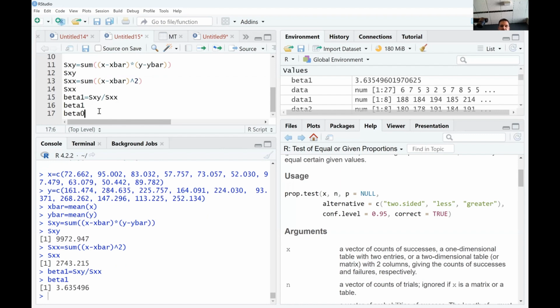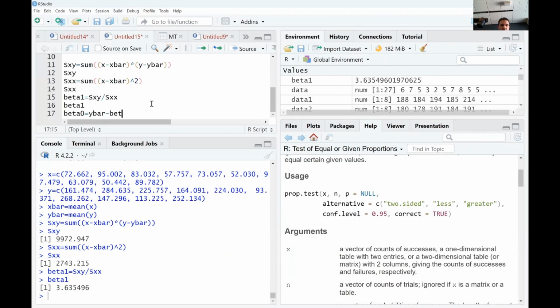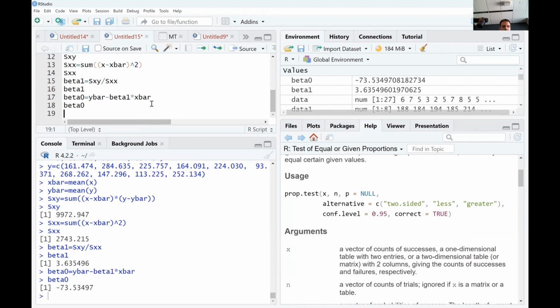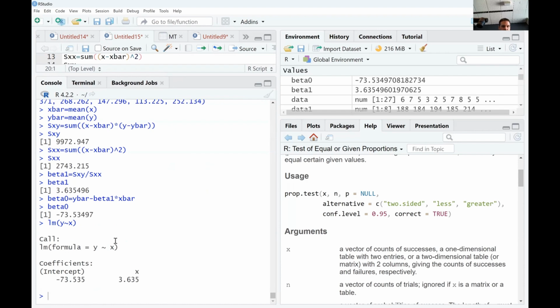And beta 0 is, according to this formula here, y bar minus beta 1 times x bar. Okay. So let's see if I did this correctly. See if the linear model command gives me the same thing. Hope I get 3.635 and -73. Whew. Okay, good. I didn't screw it up.